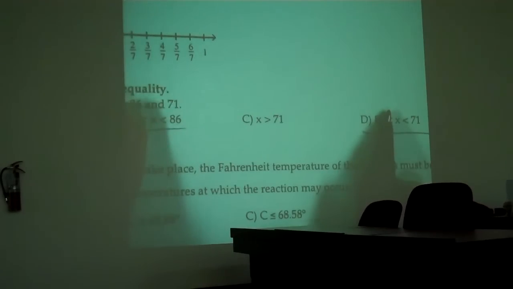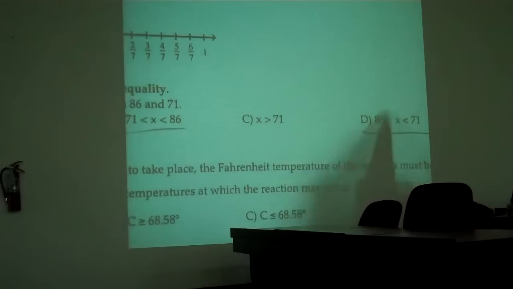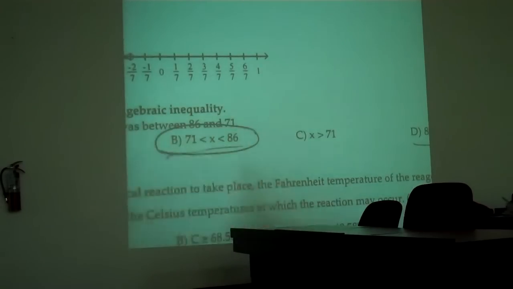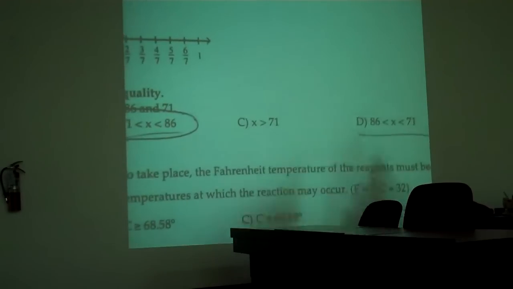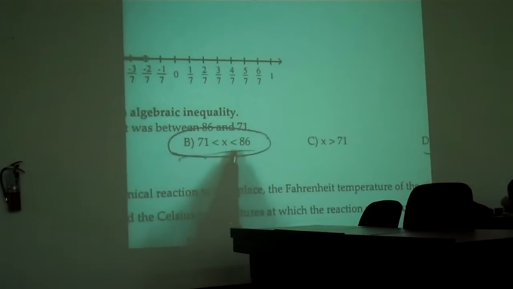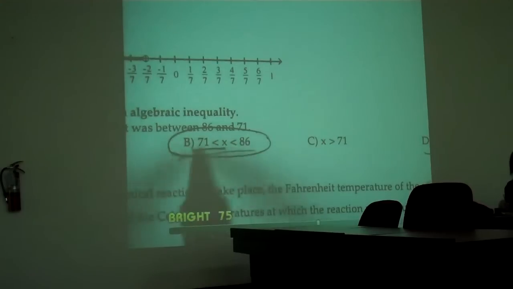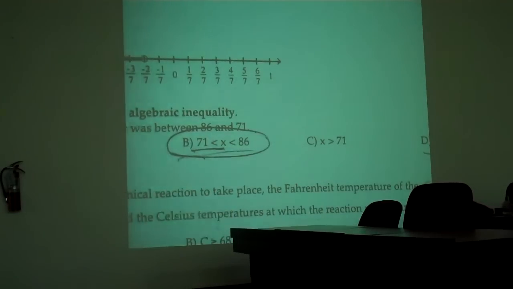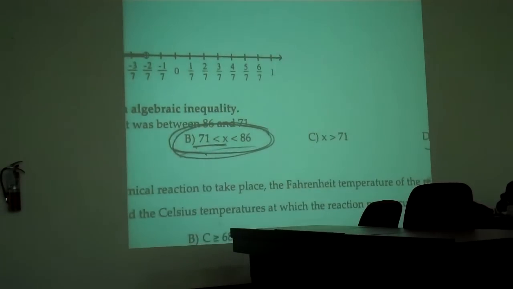B, less than 86 but greater than 71. It's going to be B, right? B or D? B. Because see, if you look at it this way, it's not going to be less than 71. But it could be less than 86, greater than 71. This part you would read backwards. It's going to be the B.